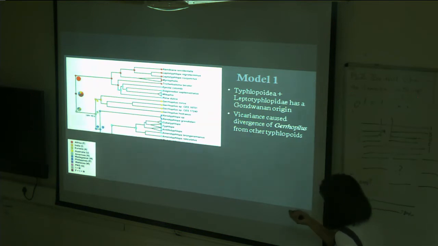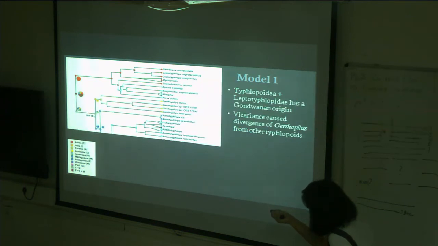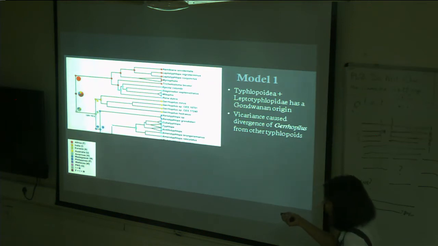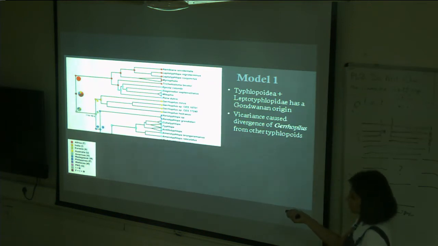And then this ancestral area you can see is India, Madagascar, and that broke away to give Gerrhopilus, which is found in India, which is the orangish yellow here, and the rest of the typhlopids, which were found in Madagascar.